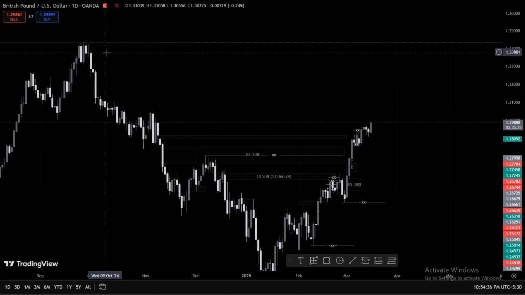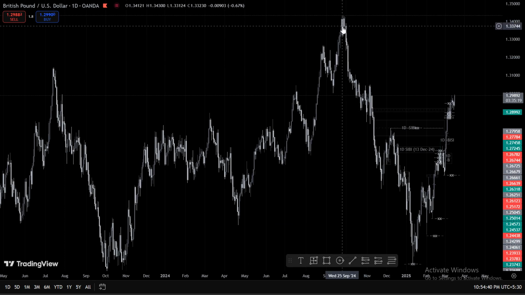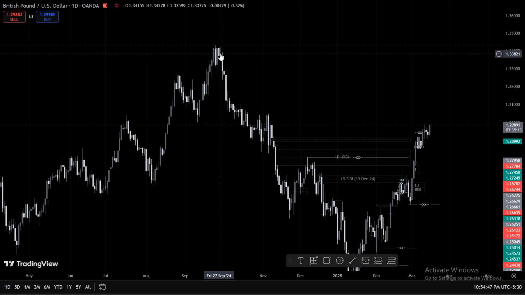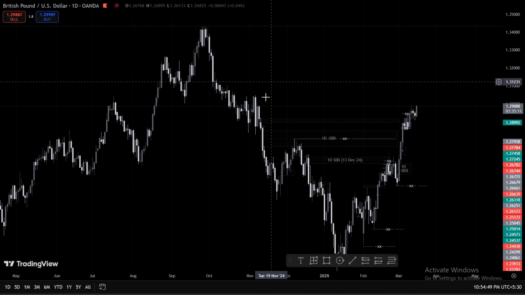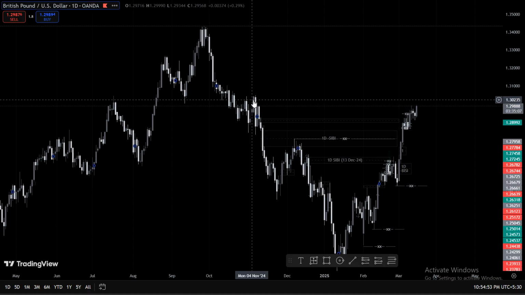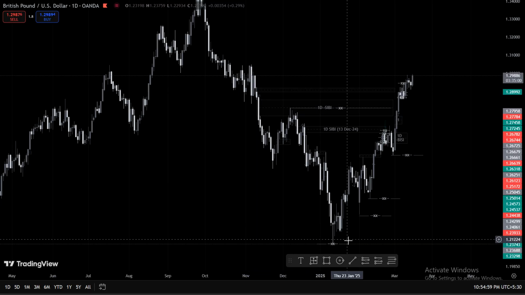This is what started all this move downwards. At this point, this was the bearish order block, the first one that started this move. Then this one is one of the highs and the bearish order block that pushed price downwards.